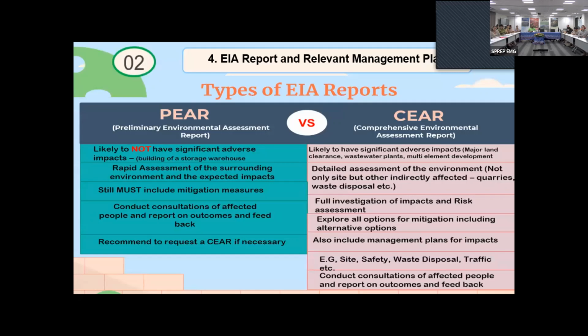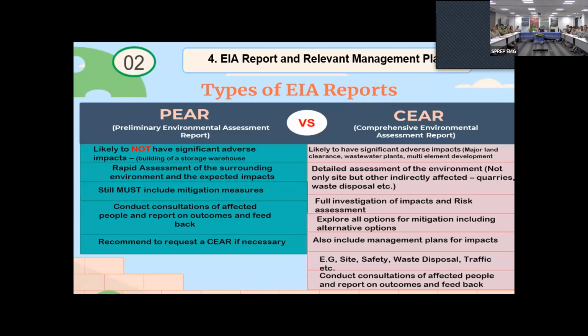And the SEA is the larger, higher level report that you need when you do know that your development is going to create a lot of impacts on the environmental, social, and economic spheres. For example, things like major land clearance, wastewater plants, multi-element developments. It's a full EIA. That's what you hear often: well, you need a full EIA.